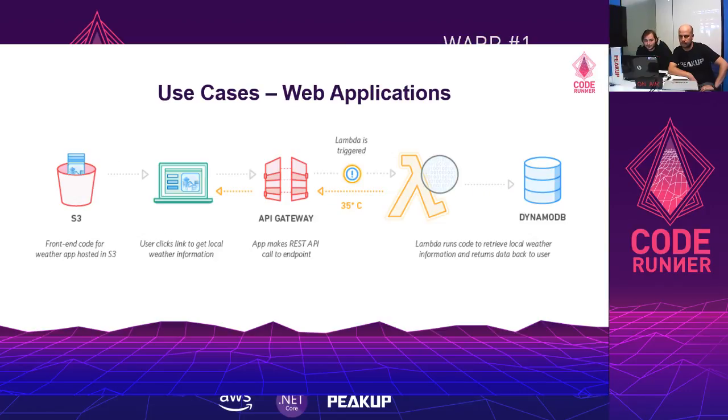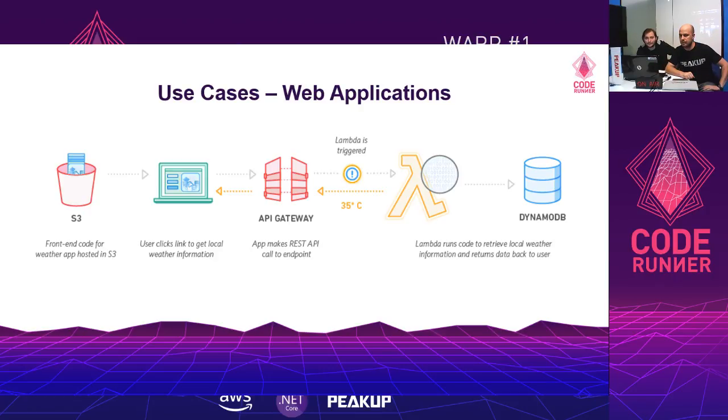And for the web application, I think it's a really great way to use Lambdas. We have a demo for it. As we said before, if there's time, we're going to do that.